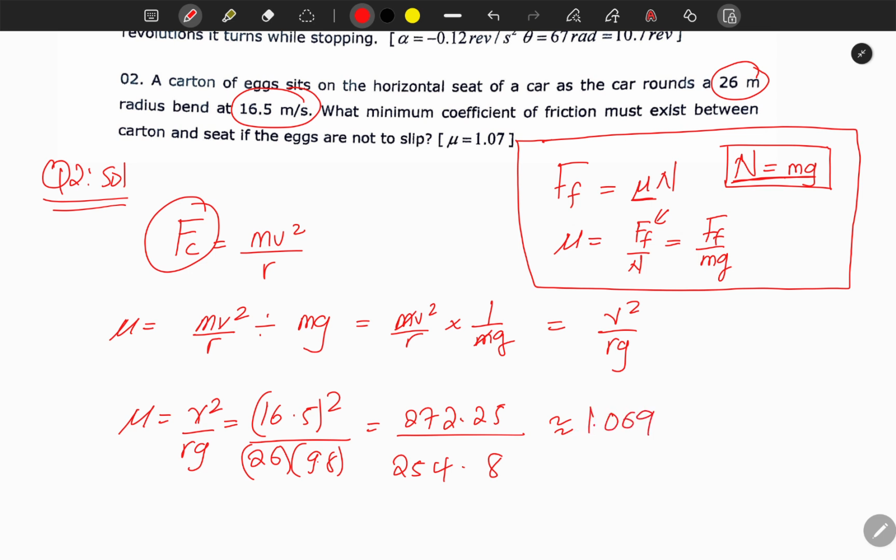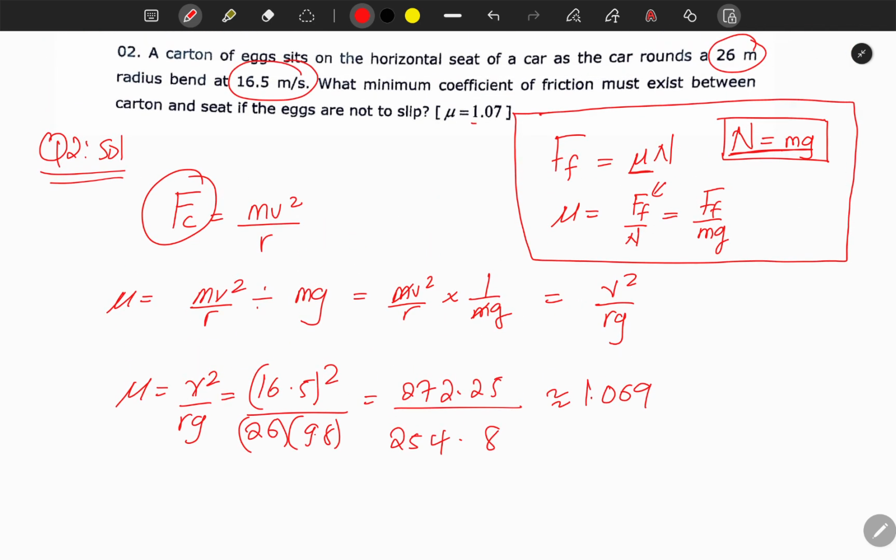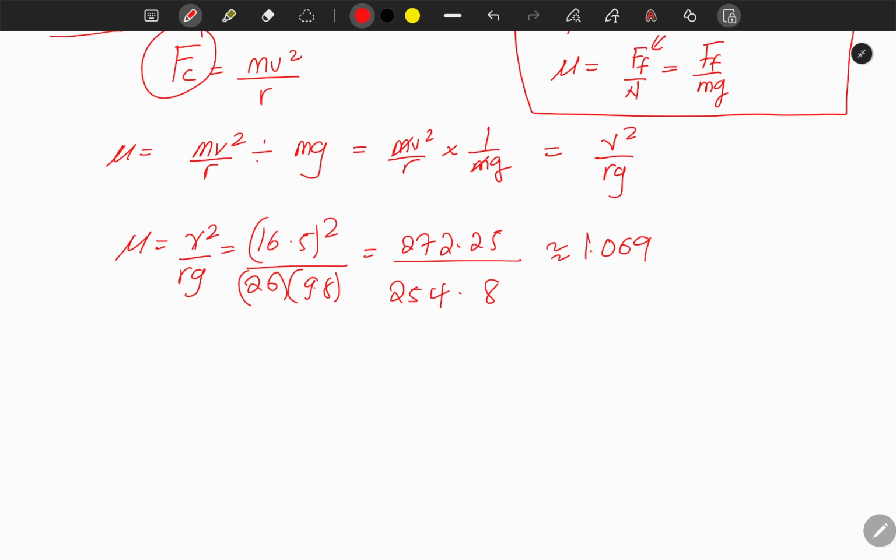It doesn't have units because it is a ratio. The answer given here is 1.07, so I think you can see that it is a simple rounding off. So the coefficient of friction in this case will be equal to 1.07 as given by the answer there.